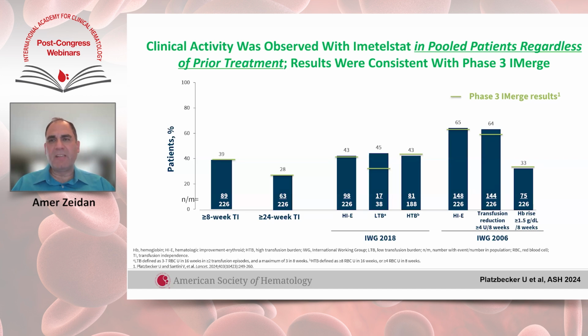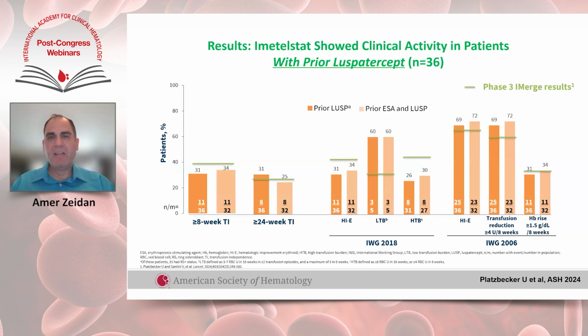So the first finding from this trial is that there was activity of imetelstat in patients who had received other treatment, including non-ESA types of therapies. For example, prior luspatercept, the activity rate, as you can see in this analysis, based on transfusion independence or IWG 2018 or 2006 criteria, there was around 30% response rate according to transfusion independence.